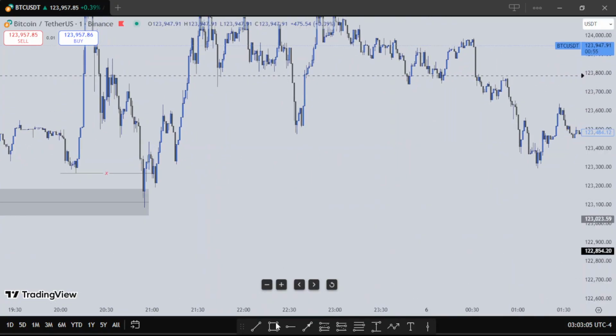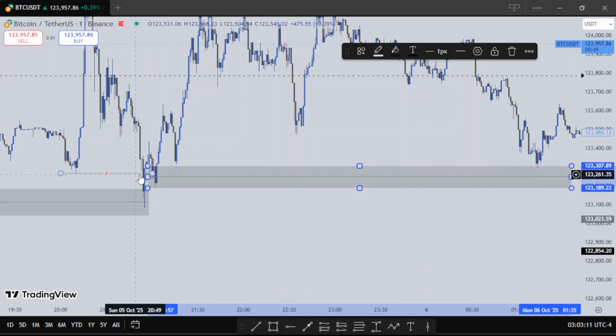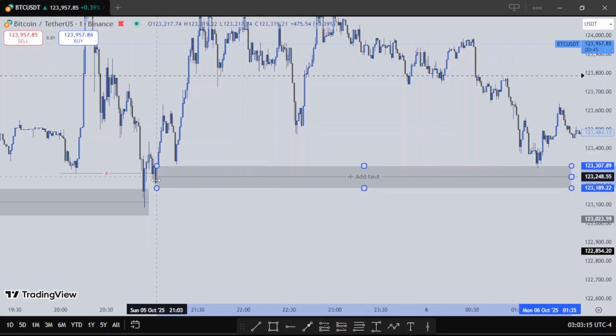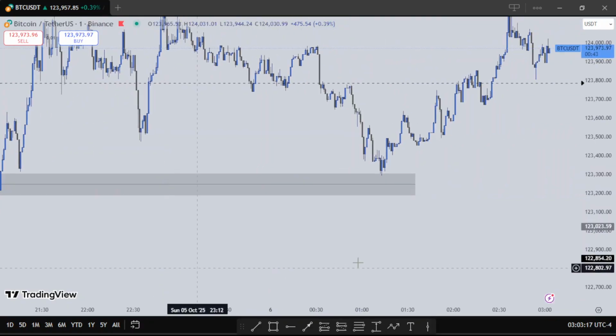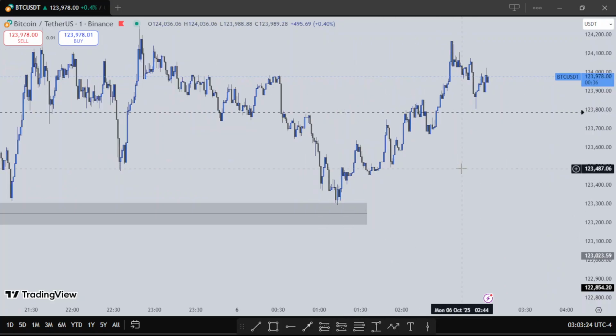So this was the 1 minute demand order block that price had reacted from. And you can see the rally to the upside, still indicating bullish momentum.